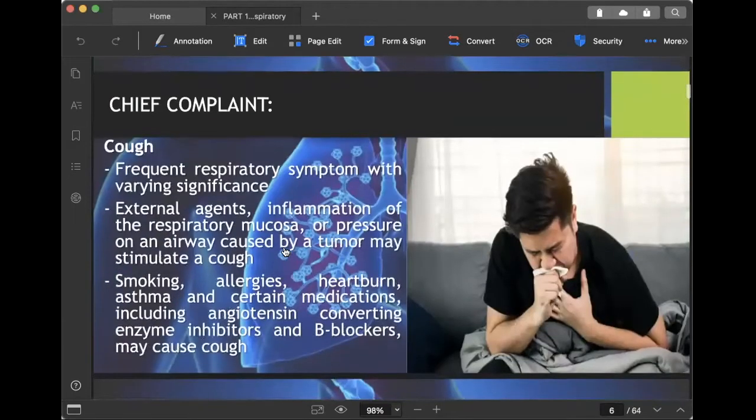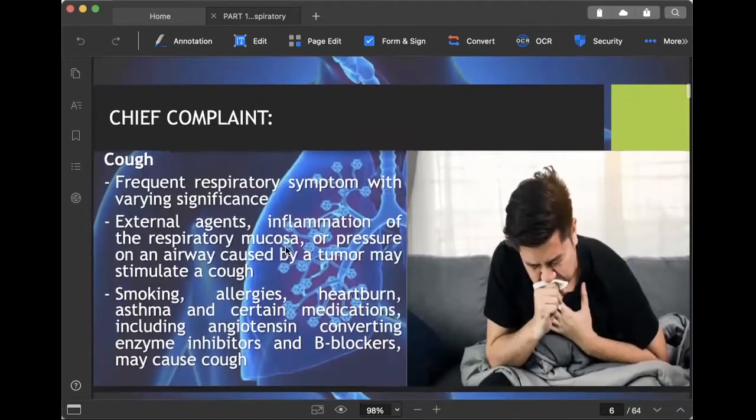How about your cough? Predominantly, this is a symptom that we usually observe in clients with respiratory problems. It is a frequent respiratory symptom with varying significance. External agents, inflammation of the respiratory mucosa, or pressure on an airway caused by a tumor may stimulate a cough.